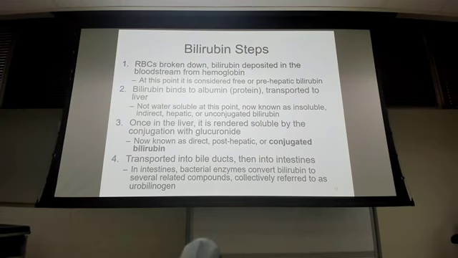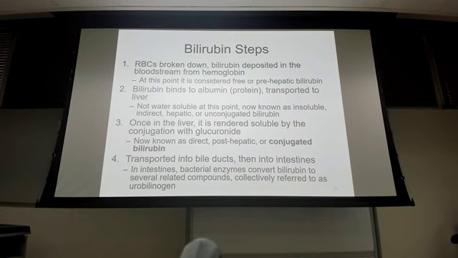And once it's in the liver, now it's going to become water soluble when it undergoes conjugation with glucuronide. The glucuronide, you don't need to know what it is, but just know that it acts in that process. It's a compound that attaches to molecules and forms a metabolic pathway basically to take fat-soluble components and make them water-soluble.